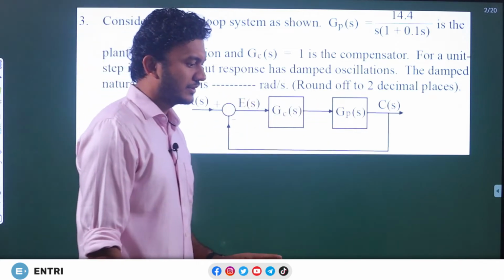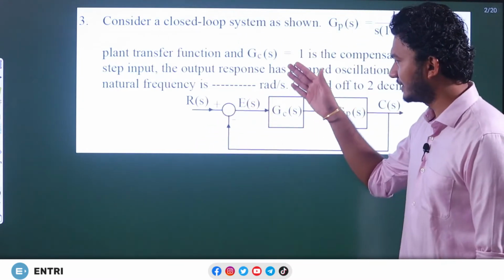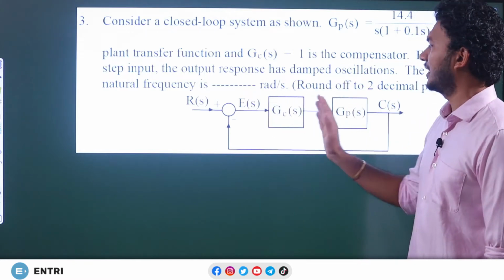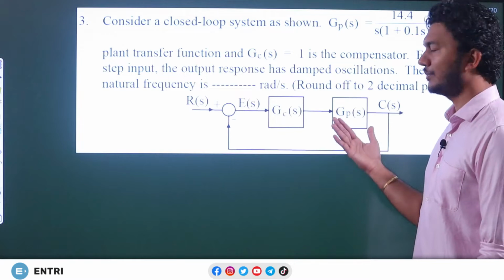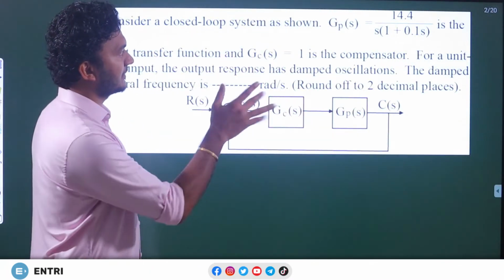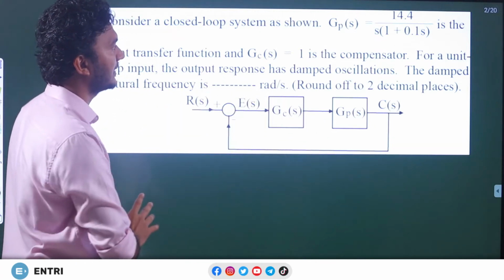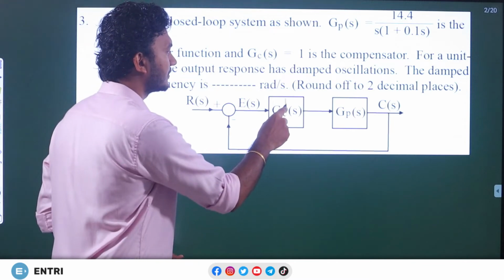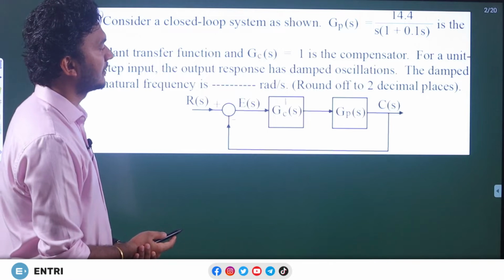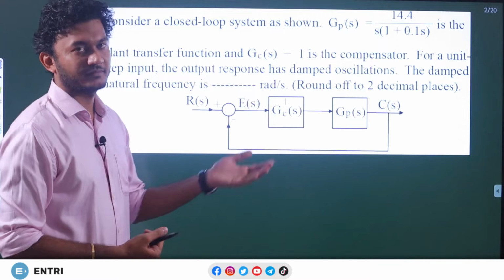I told you, there is no rule to say this is GP of s, this is GC of s. They can name anything. So, this can be A, this can be B, anyway. So, GP of s is given as the plant transfer function, and GC of s equal to 1 is the compensator. It is simply a compensator, and we can say that it is a proportional controller, KP.